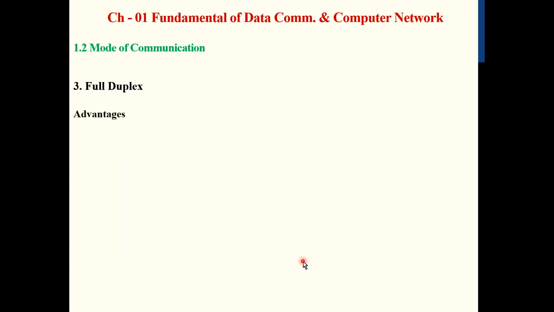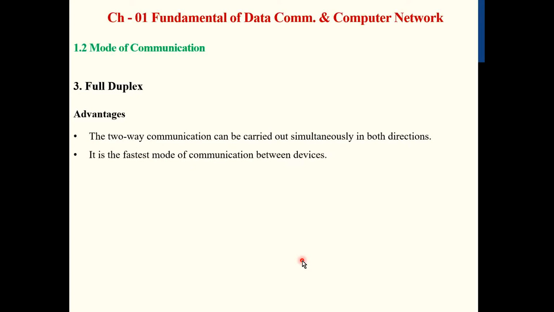Next we see the advantages. The first advantage of full duplex mode is that two-way communication can be carried out simultaneously in both directions. It is the fastest mode of communication between devices, so the speed of full duplex mode is faster.